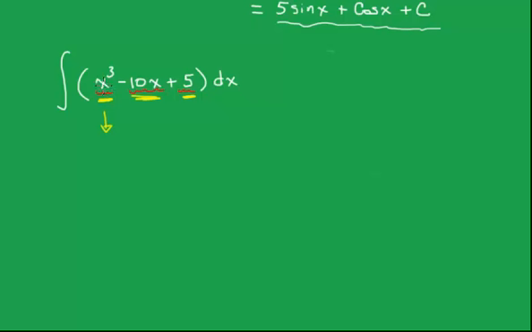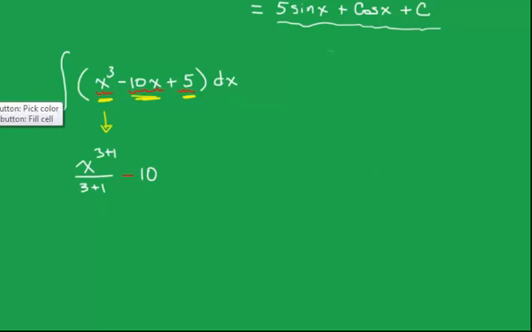I'm just going to do it right away here. What's the antiderivative of x cubed? We use the power rule for integration. We get x to the 3 plus 1 over 3 plus 1. And for the second part, I'm going to write it in red. So we have minus, what's the antiderivative of 10x? It's just 10, but we have to be careful here.